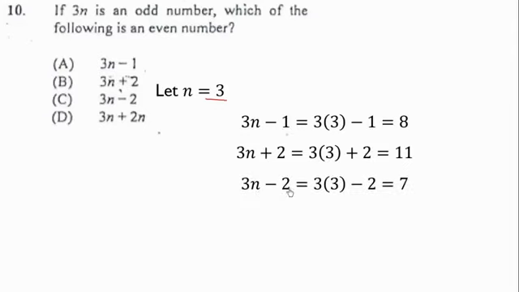Then 3n minus 2 will be 3 times 3 minus 2, which is 7. Then 3n plus 2n will be 3 times 3, which is 9, plus 2 times 3, which is 6, to give you 15. So the only one which is even is the first one. So the correct choice is this.